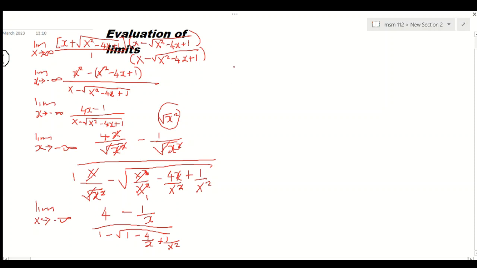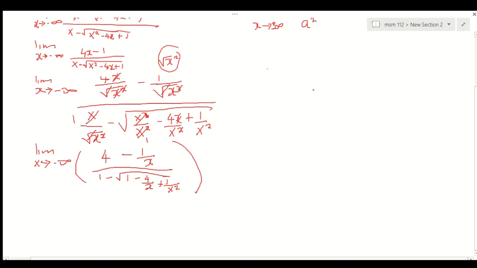Alright, so here the rule states that the limit as x approaches positive or negative infinity of functions which have a number on top with a denominator having a power like this, they are equal to 0. So let us distribute this limit to all the numbers we have there.